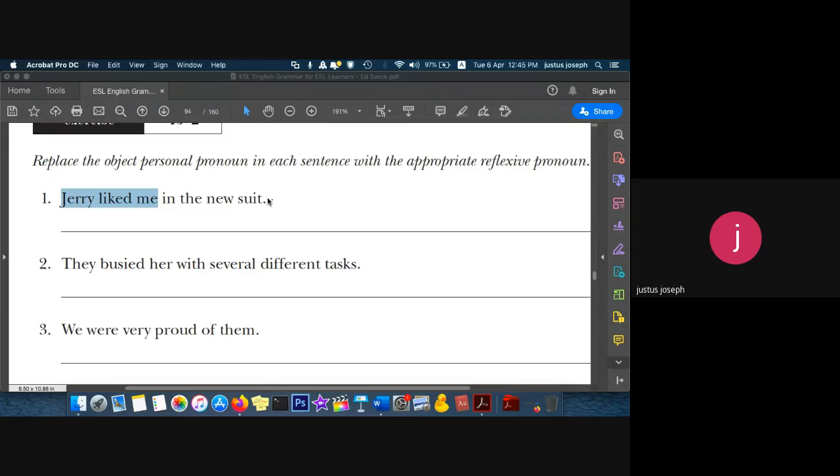I don't know if they are okay with that. You can change it to myself, you can change it to himself. Himself will be more appropriate. Let's put himself here. Jerry liked himself in the new suit. But the meaning will change.